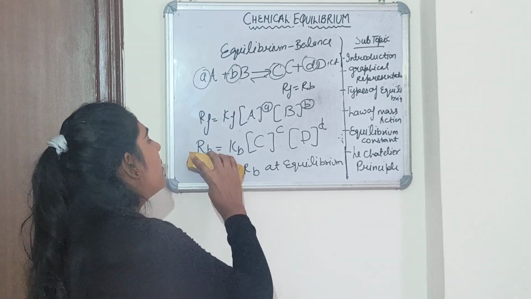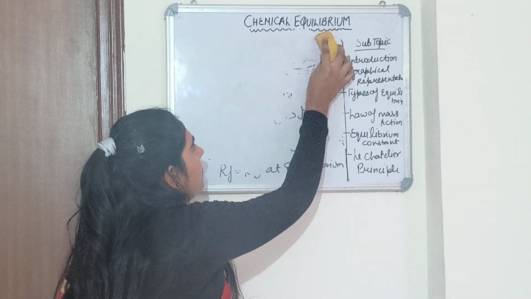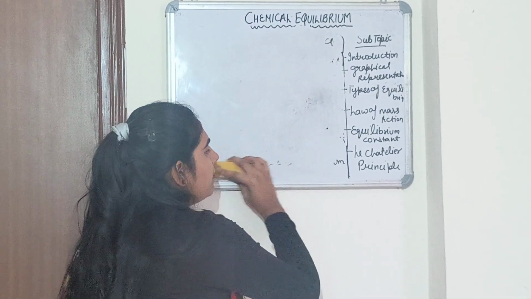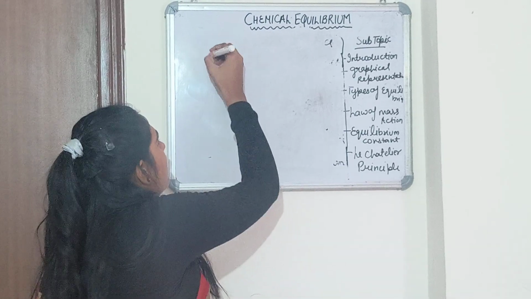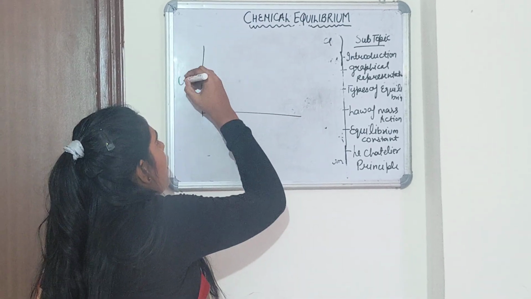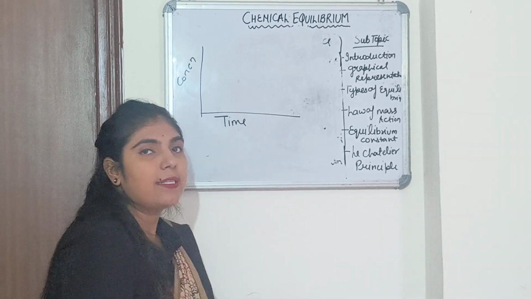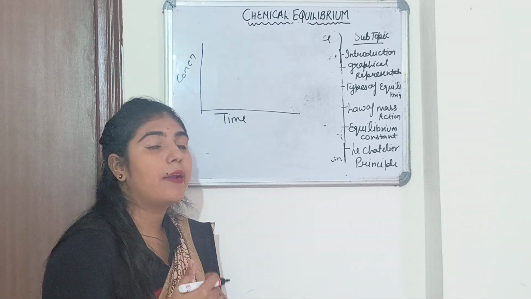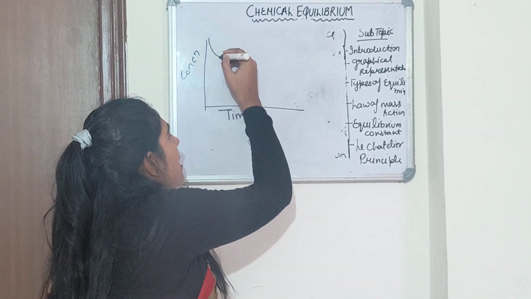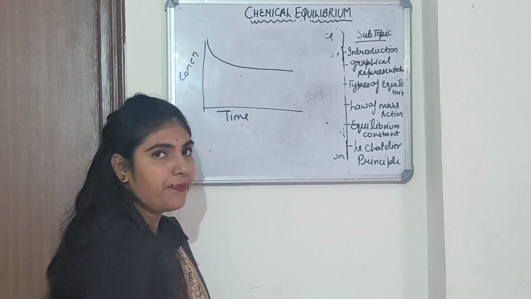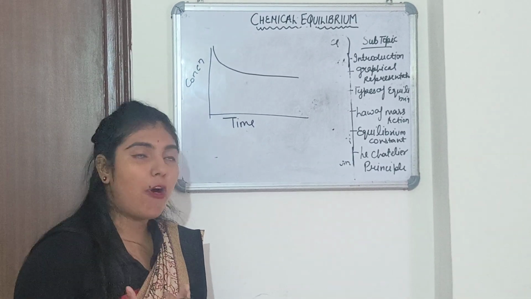Now let's understand another graph of chemical equilibrium. Let's take the graph between concentration and time. We know that at the start of the reaction the reactants are more in number compared to the products. So at the start the reactants are more in number. After some time the products start to form, right?